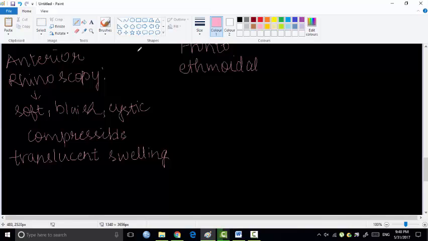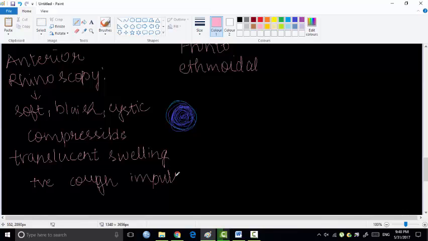So how does it look? It is bluish and cystic, that is, it is basically of cysts. A compressible translucent swelling is seen just like this, right? This swelling increases in size on coughing, that is, a positive cough impulse is seen.